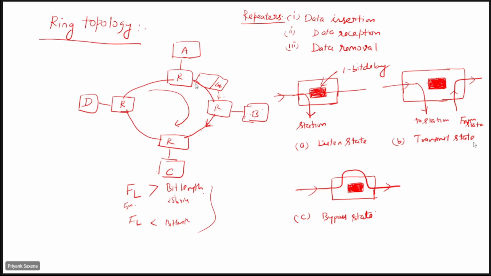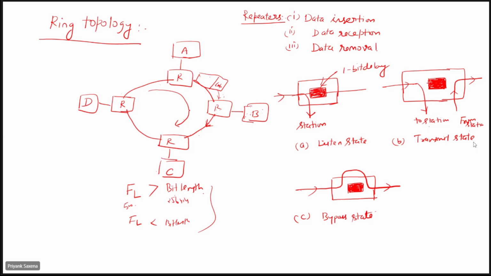And moreover, data integrity is also assured because your data is not lost. And you can also go for optical fiber links, which can offer you no EMI, and can provide you higher bandwidth.